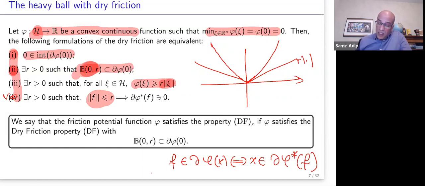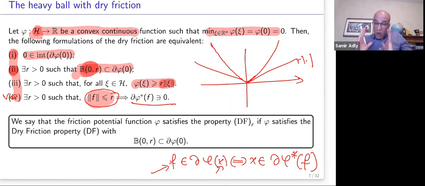The mechanical interpretation is that f are forces, and x is the displacement, could also be the velocity if you are working in the dynamic case. F are the forces. So we have forces linked to the displacement or the velocities via this subdifferential, and you can invert. We have here the position linked to the forces. It means that if these forces are less than some threshold R, then the velocity will vanish. This is the interpretation of the inclusion number 4.